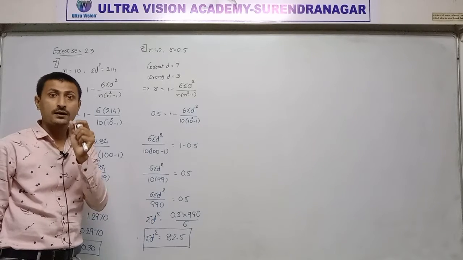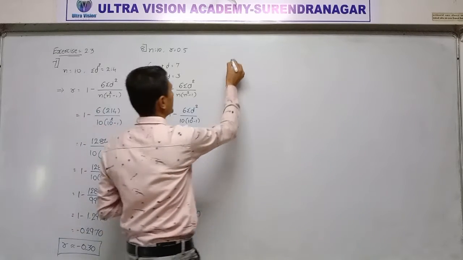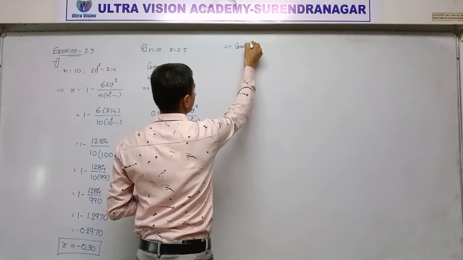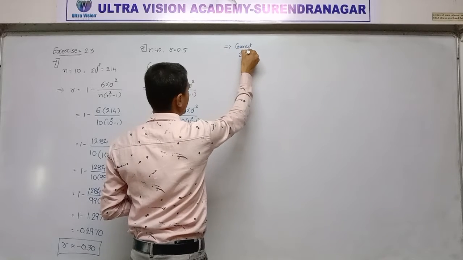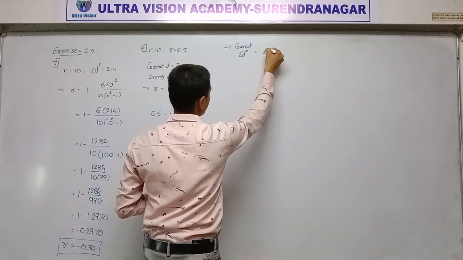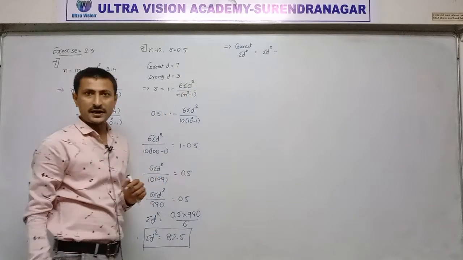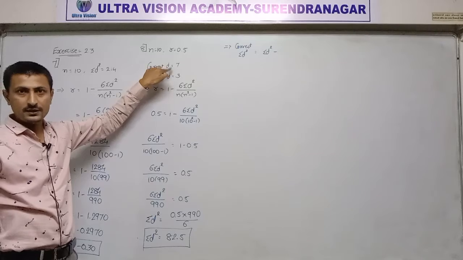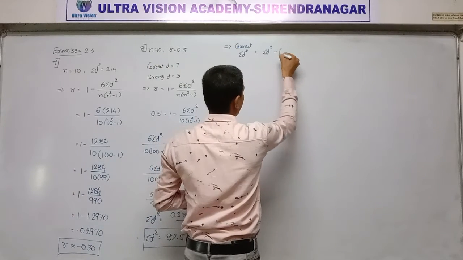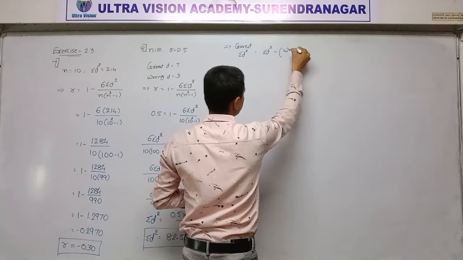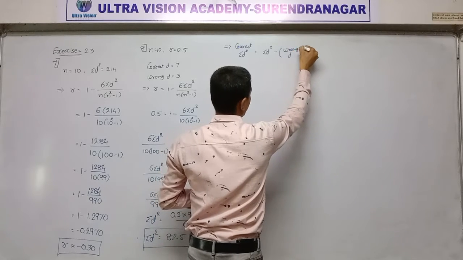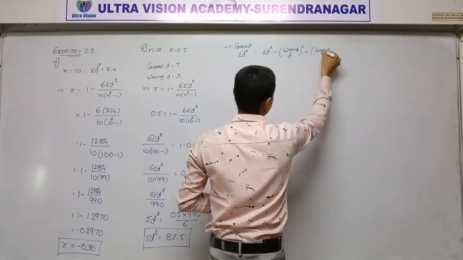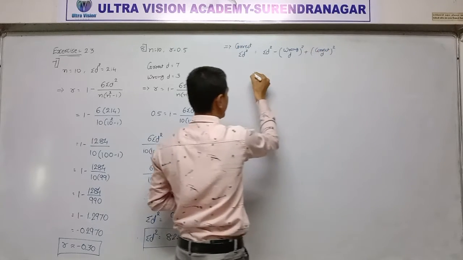So first of all, find the correct sigma d square. Correct sigma d square is equal to sigma d square minus wrong d whole square, plus correct d whole square added, since the wrong d and correct d are given.